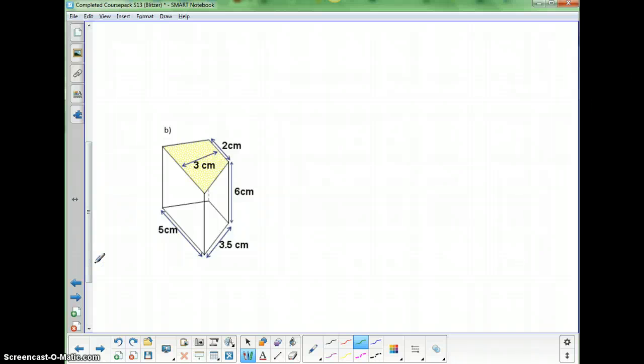Alright, this prism here is a trapezoidal prism. If I want to find its volume, it's the area of the base times the length. The length of the prism is 6. In the area of the base, the formula was average the bases and multiply by height.